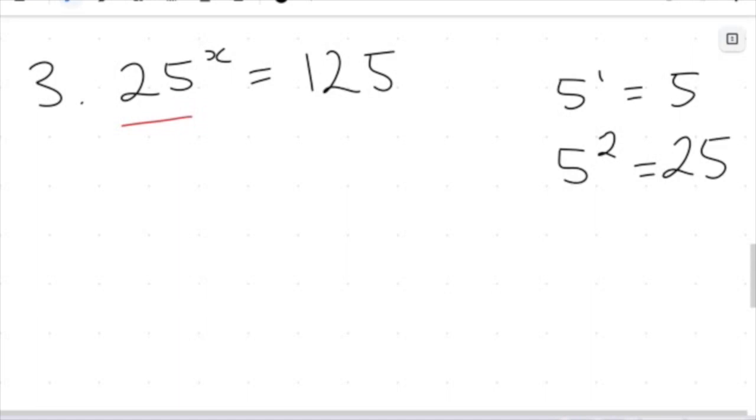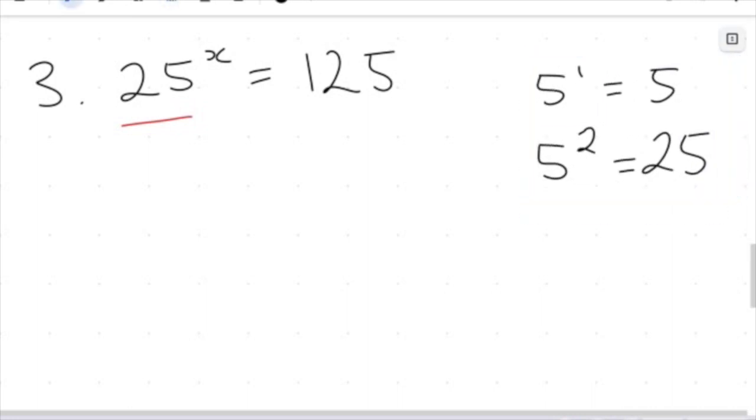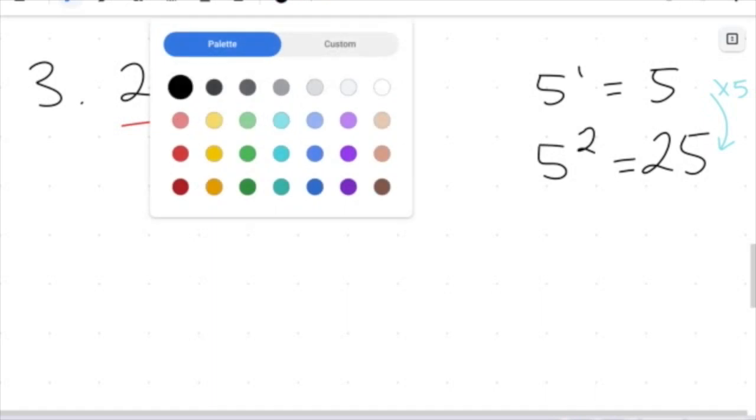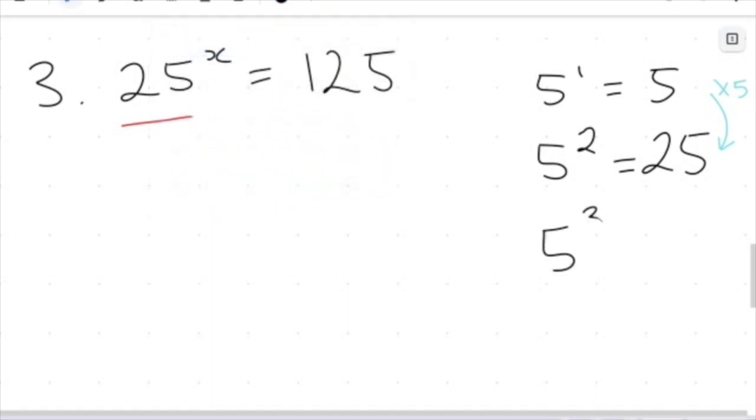Okay, so if I write these in, I can see that getting from the first to the next one, I'm multiplying by 5. So 5 cubed, 5 to the power of 3, that's just going to be 25 times another 5, because 5 cubed is just 5 times 5 times 5.